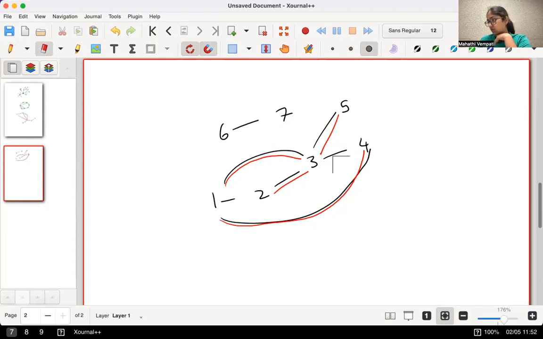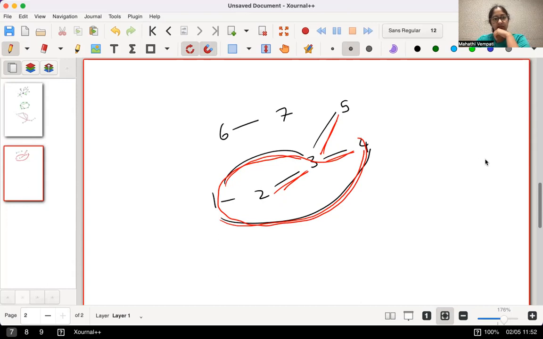Oh, sorry, not this. 5, 3, 2, 3, 1, 3, 4, 3. Okay, this, 1, 4. Oh, I see. So this and these two. Okay. Yeah, it's a fish graph.